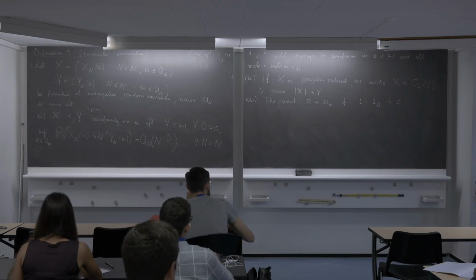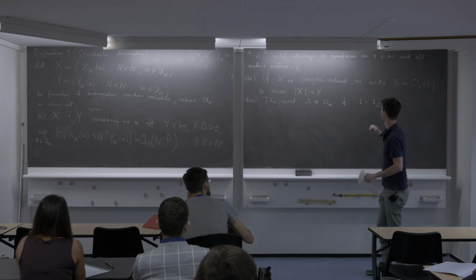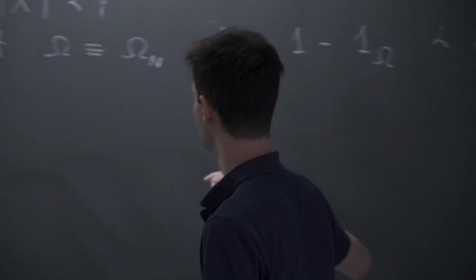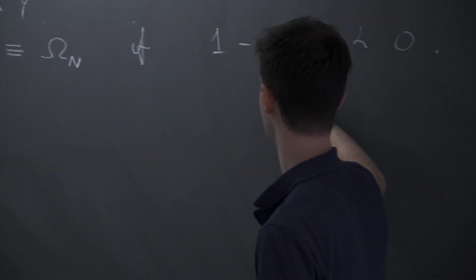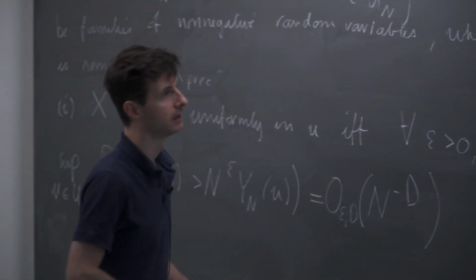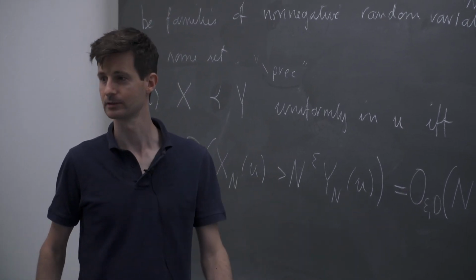So you can stare at this a bit, and if you understand this definition, then you will see that this is exactly what I said in words. Alternatively, if you wish, this really means that the probability of the complement of omega is bounded by this for any d, and it can be written in a short way like that.